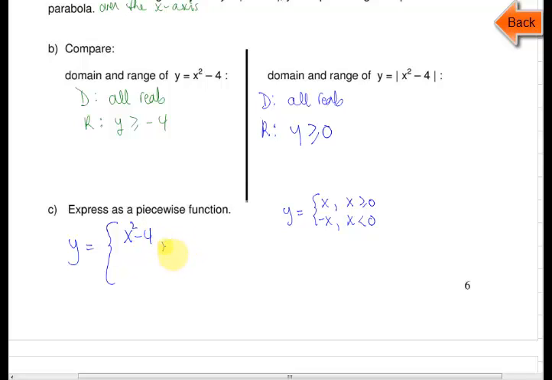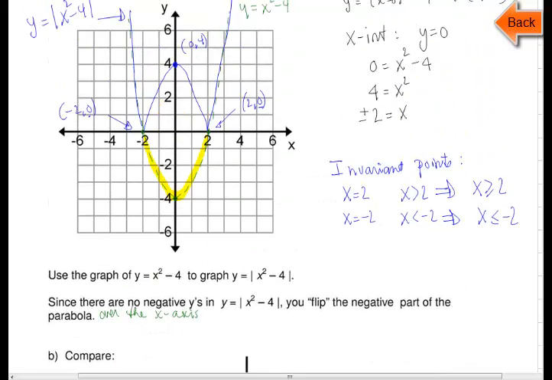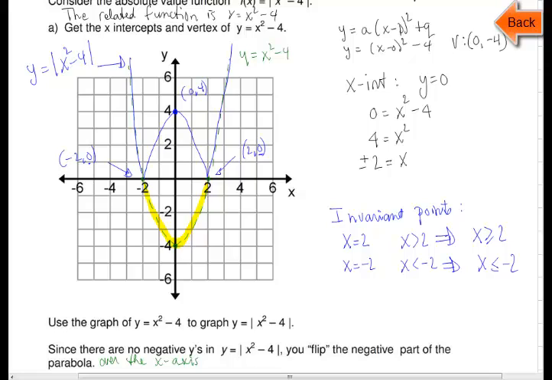Now we want to write in our domain restriction, right? So we go back up to our graph and we say, which part of the graph is the original x squared minus 4? Well, the original is along here and along here.